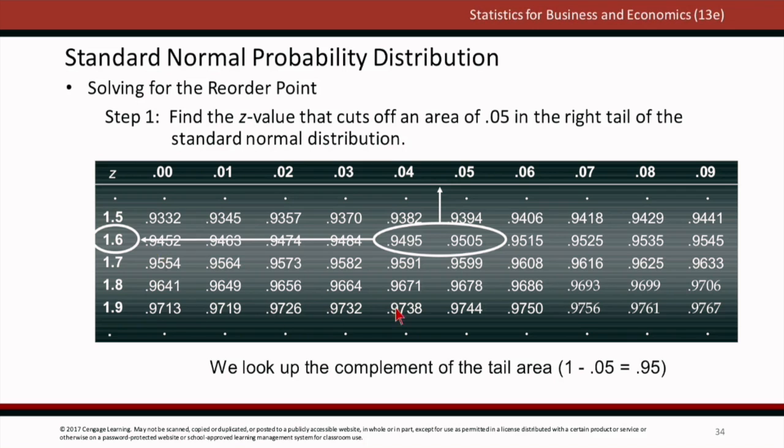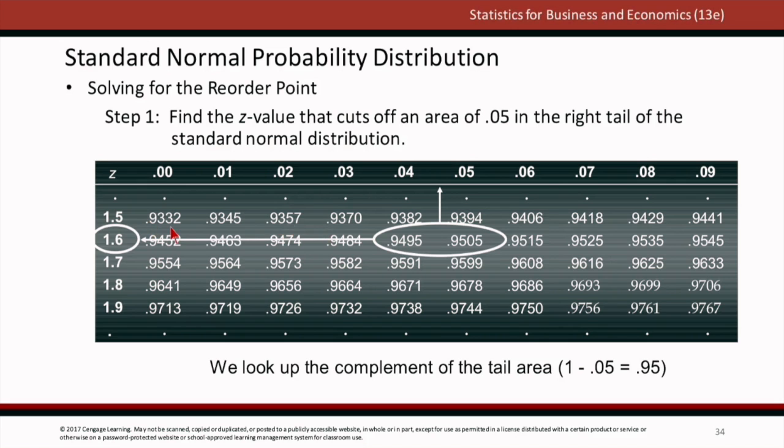But what we have in the body of the table are areas to the left of certain z-scores. So what we need to do is find the area equal to 0.95 in the body of the table, and then once we know that, we can figure out the z-score that produces that area. Alright, so now we're going to do that here in the body of the table. We would like to find the value 0.95.